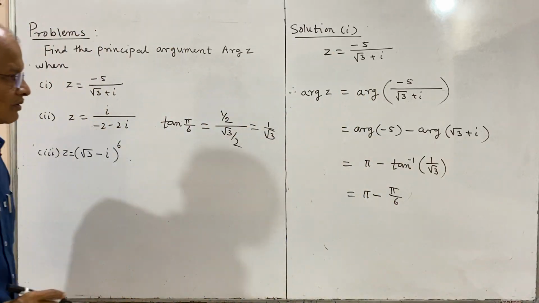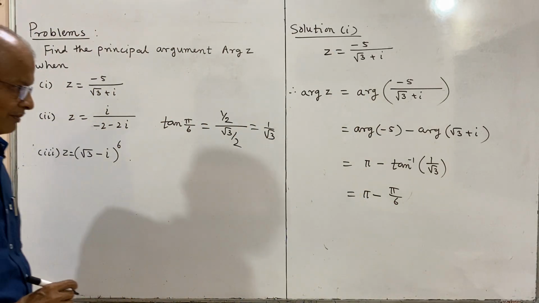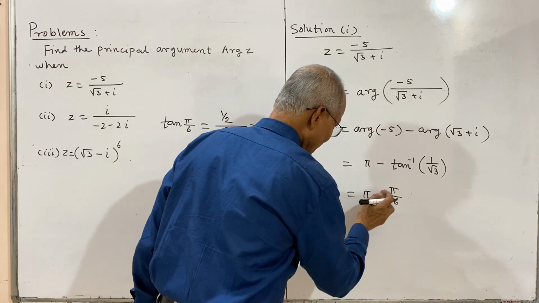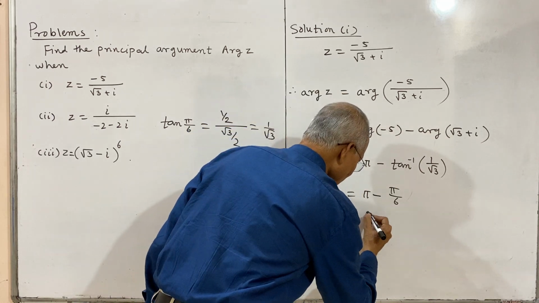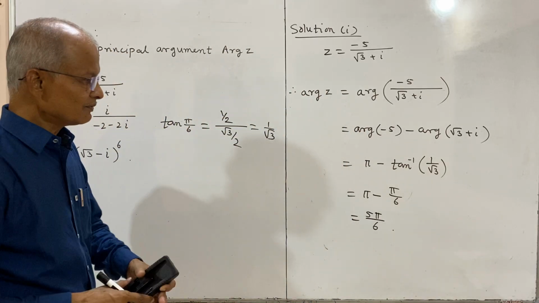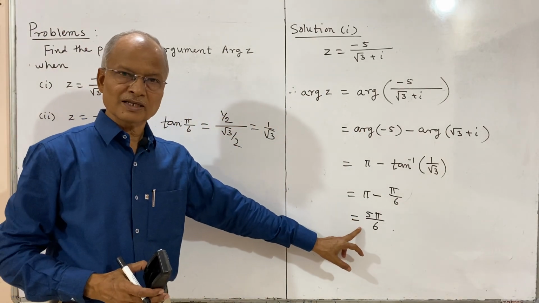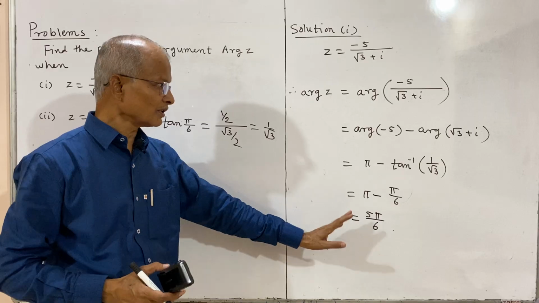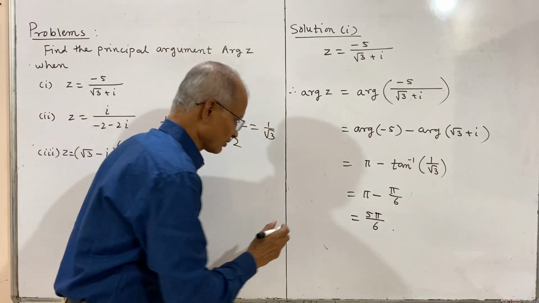Tan inverse 1 upon root 3 is pi by 6, and this is 6 pi minus pi, which is 5 pi by 6. Because this value 5 pi by 6 is less than pi, it is to be taken as the principal argument.